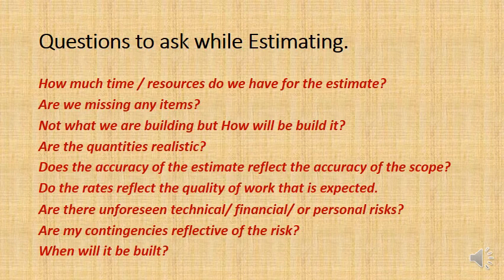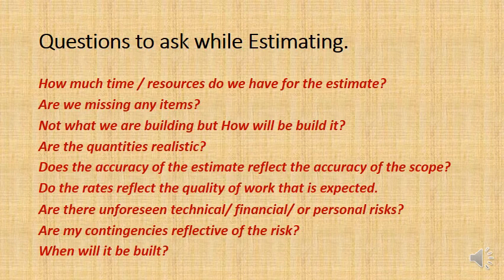Also, are the quantities realistic? Does the accuracy of the estimate reflect the accuracy of the scope? As I said, if you've got an accurate scope, you should be building an accurate estimate because you're getting to the tail end of the project, the business end of the project life cycle.